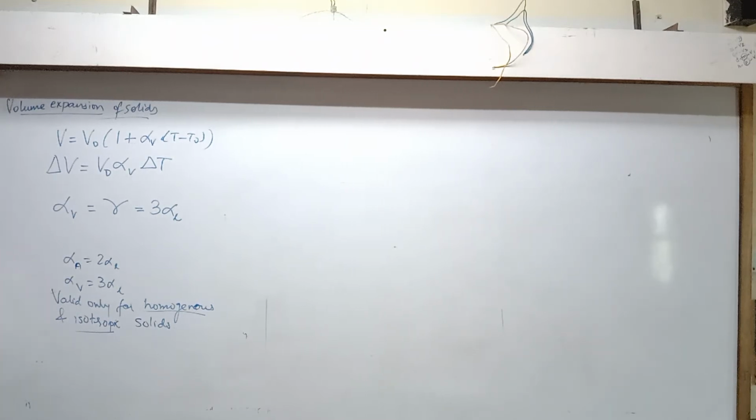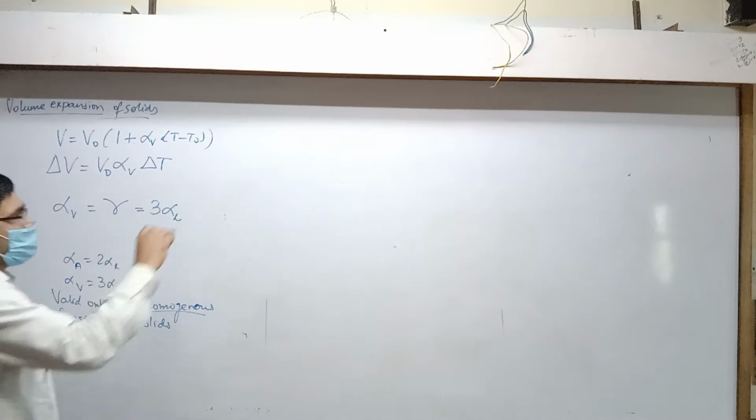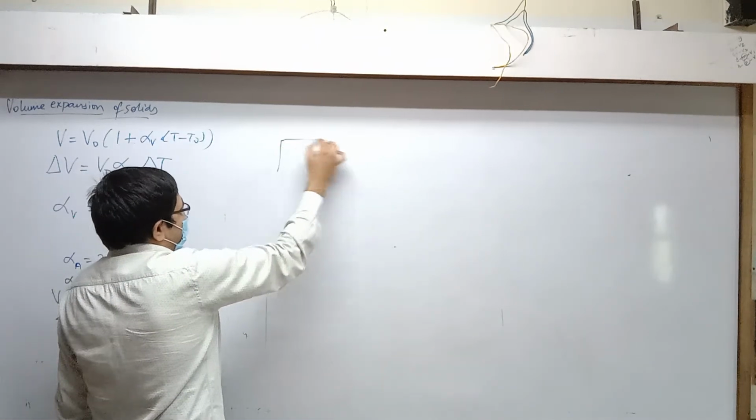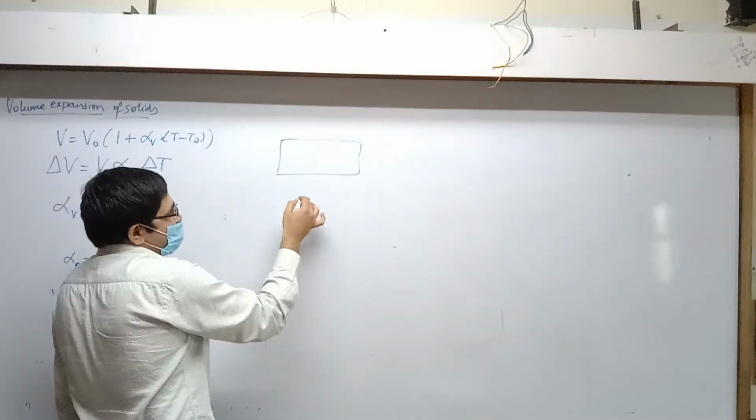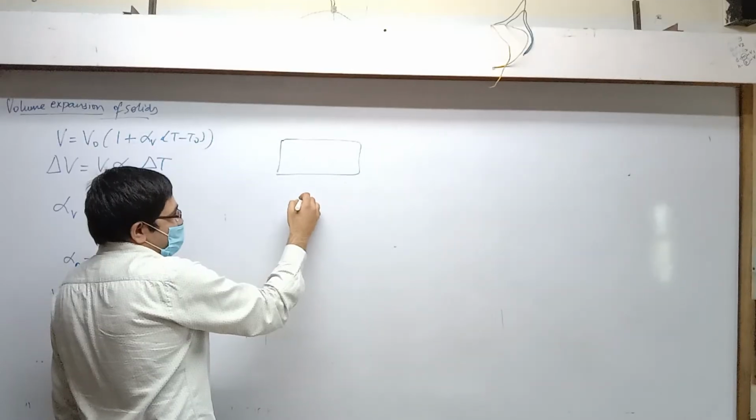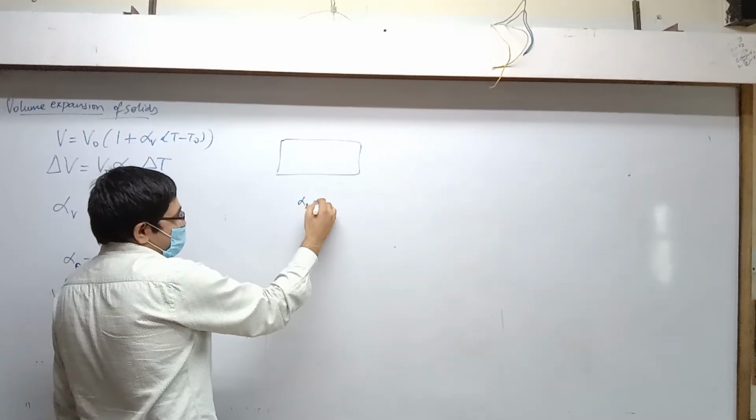Okay? Homogeneous means same everywhere. And isotropic means there is no difference between directions. If you recall the rectangle case, alpha L is valid for length.